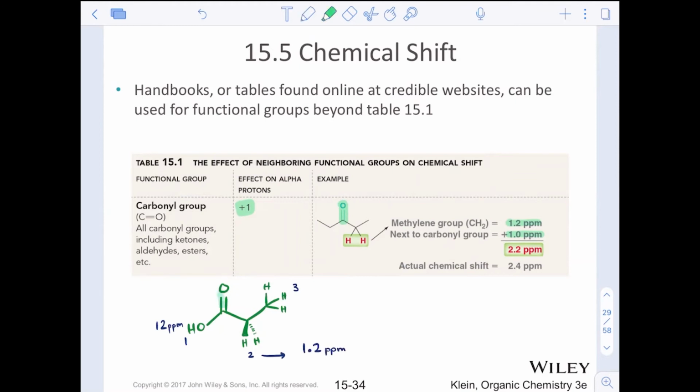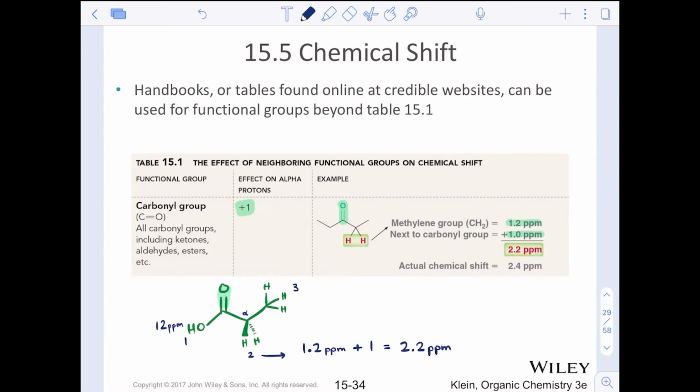We see that that methylene group is adjacent to a carbonyl. Yes, it's adjacent to a carboxylic acid, but notice that the oxygen of that carboxylic acid is not directly connected to the methylene group. The carbonyl is directly connected to that methylene group. So we will add 1 for the carbonyl group effect on our alpha protons. Alpha being the first carbon adjacent to that functional group. So we would predict 2.2 ppm for this proton set.